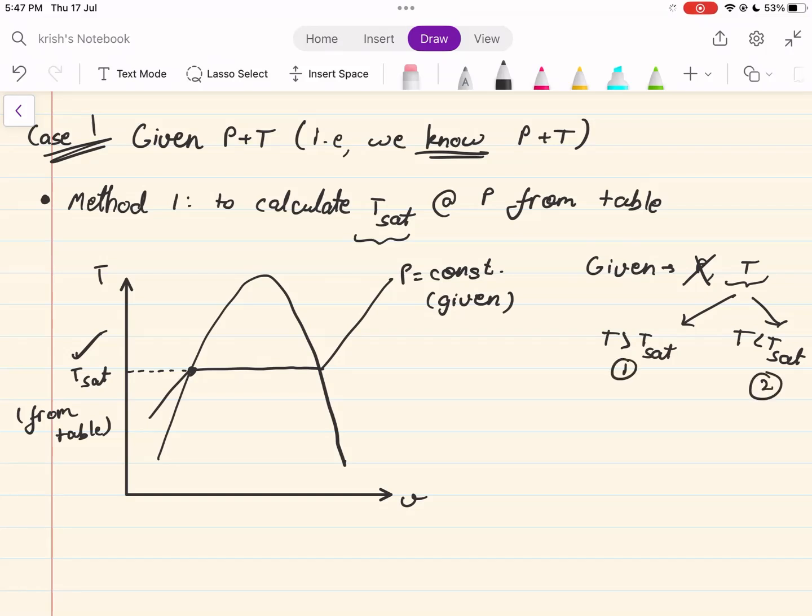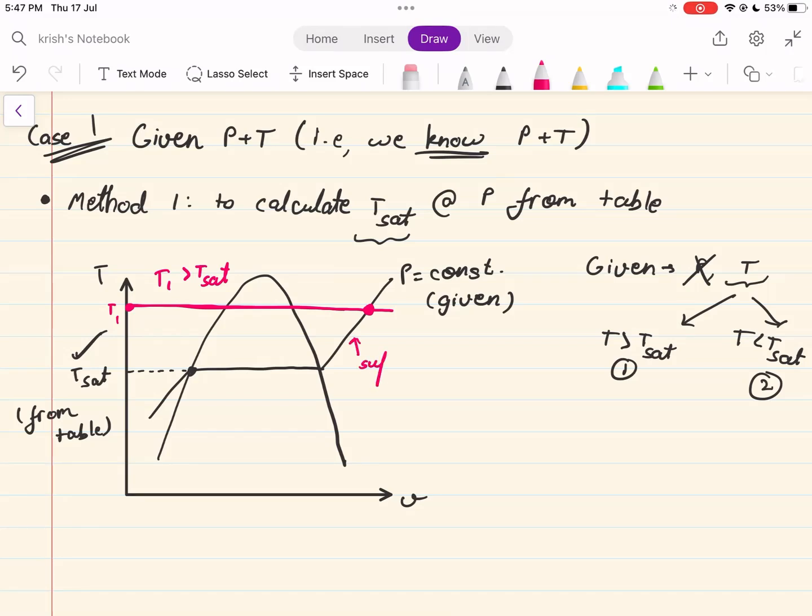So in case 1, where T is greater than Tsat, that means suppose this is your T1 greater than Tsat. This is T1. We draw a line, and we see that these two lines intersect at this point.